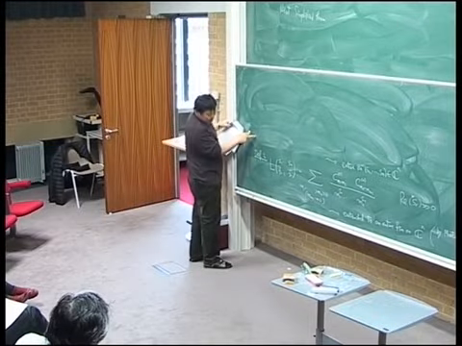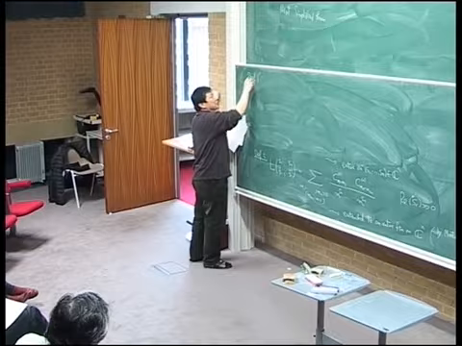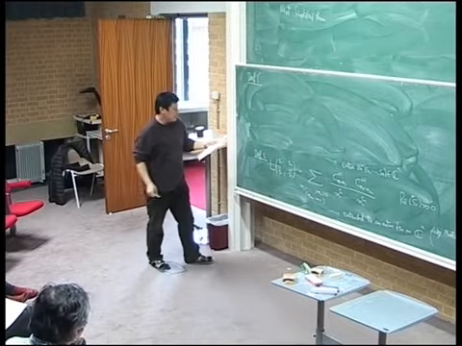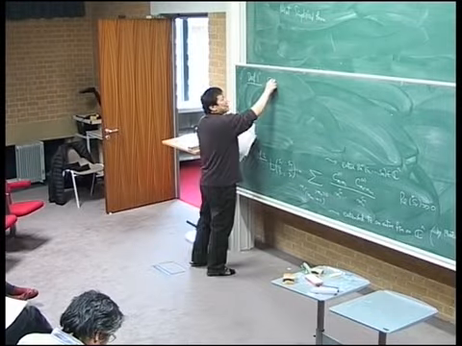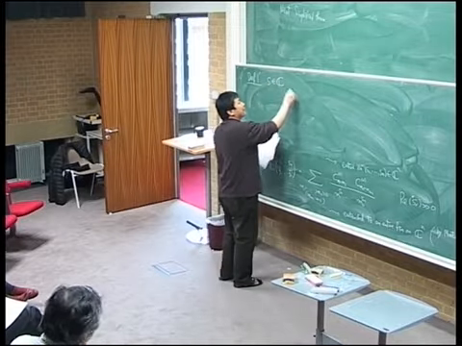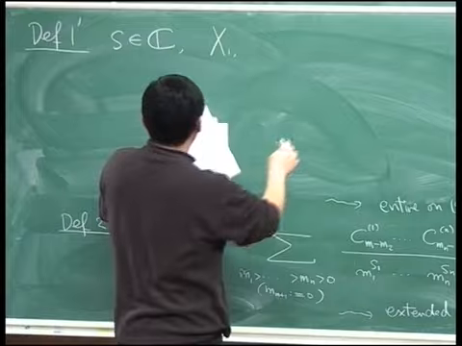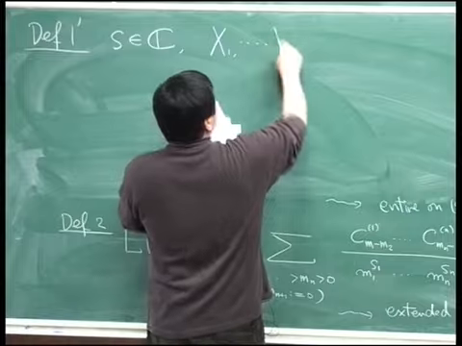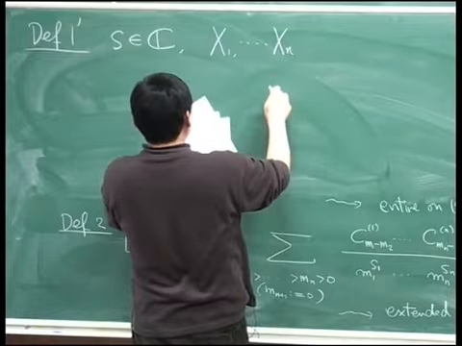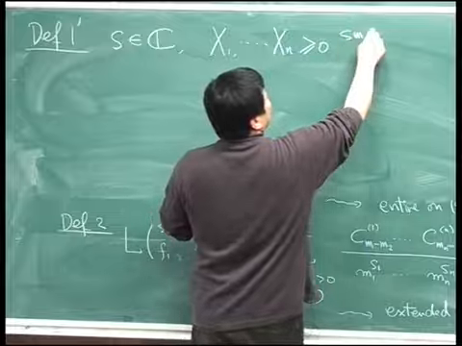Just before I write this definition, this is the generating function version. Only the first parameter is a complex variable, and the other parameter is summed up. Here x is just a formal parameter, small enough.